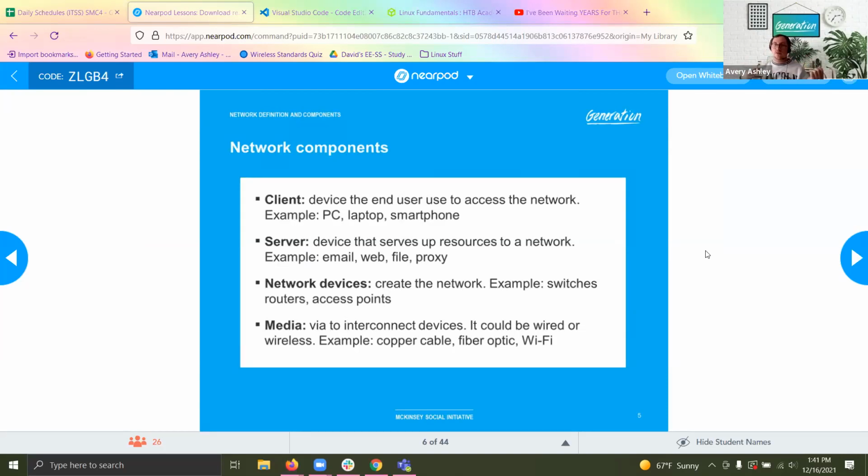Then we have servers, which are devices that are set up to provide services or resources to the network. So there are a million different types of servers. We've got email servers, web servers, file servers, proxy servers.